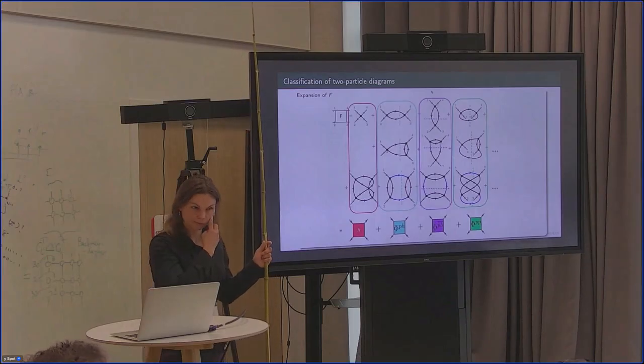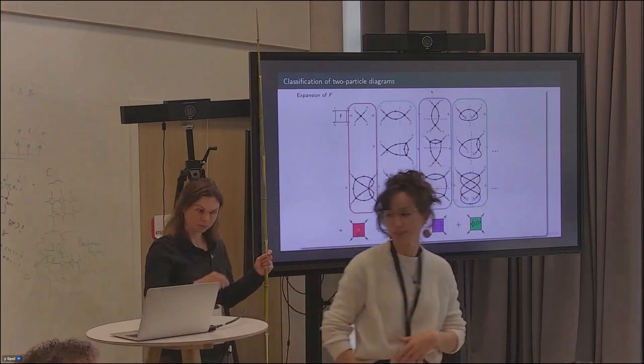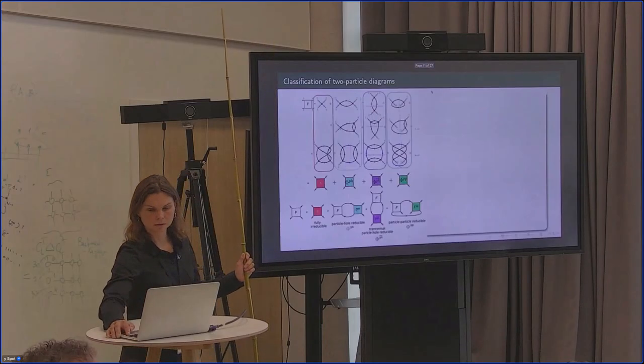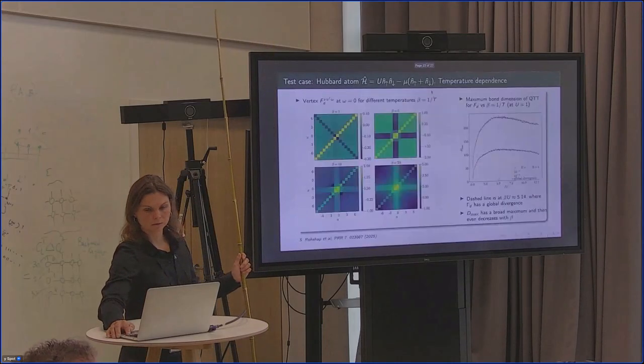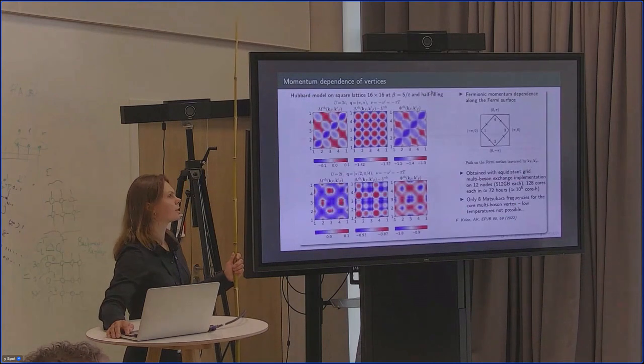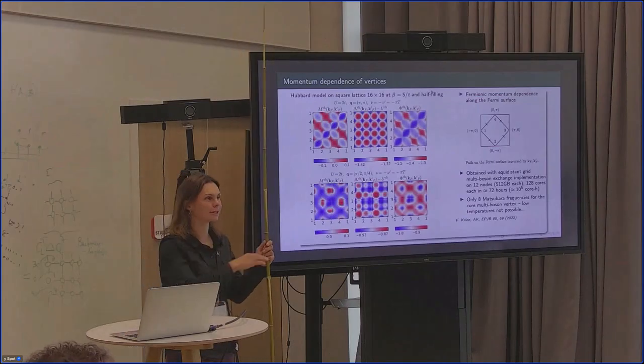Any more questions? At the end, you were showing this momentum dependence of the vertices, right? Yes. So you want to compress this also? Well, this I don't want to compress. It's 16, so it's R equal to 4. We already checked. You cannot compress something that is so large.